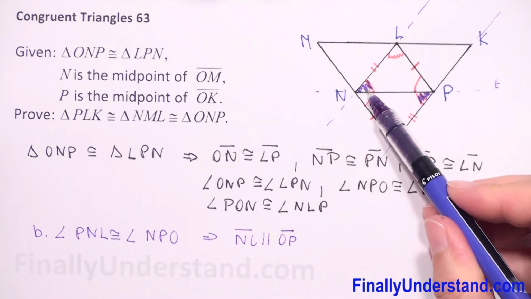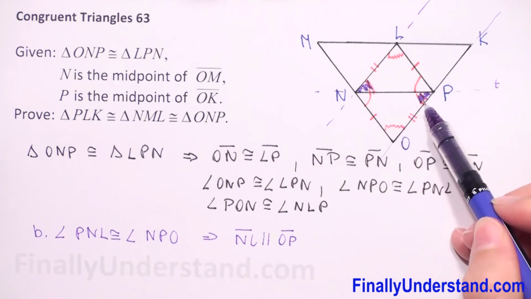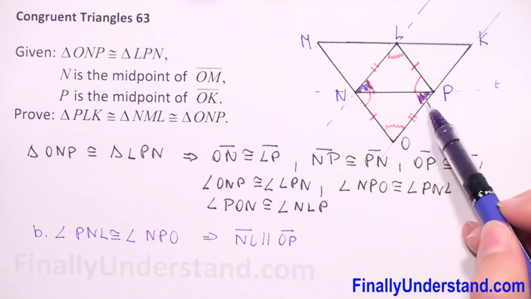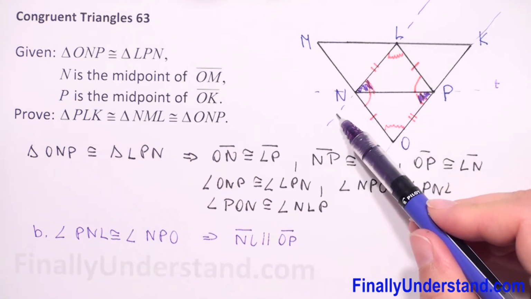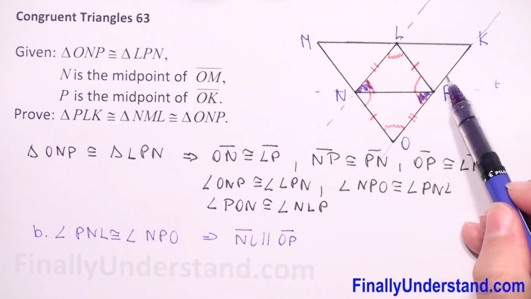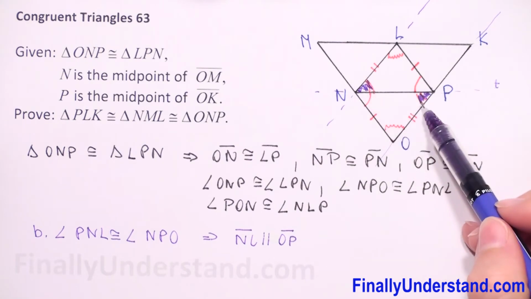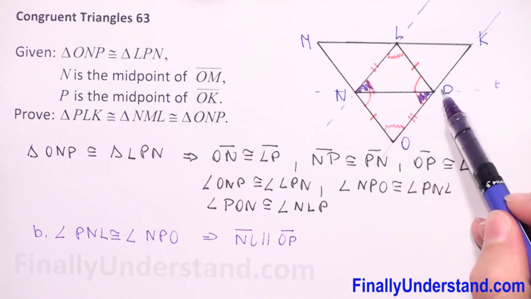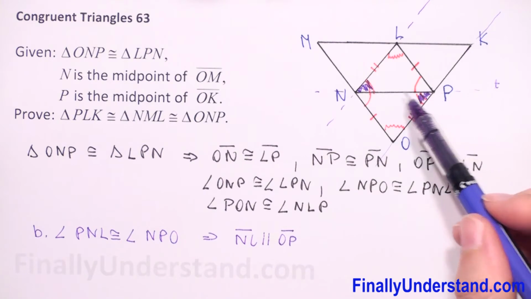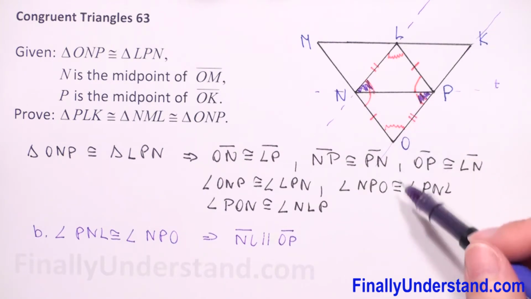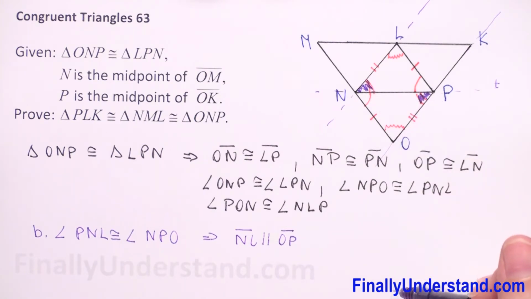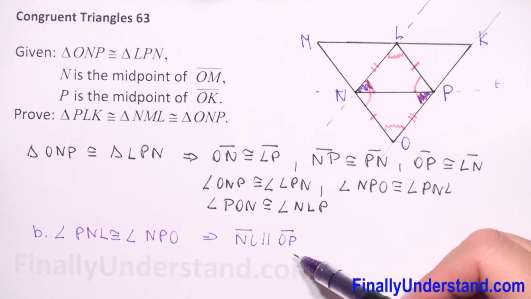We have these two angles congruent, and they are alternate interior angles because they are between these two lines and on opposite sides of our transversal. So if alternate interior angles are congruent, then the lines are parallel. So NL is parallel to OP.